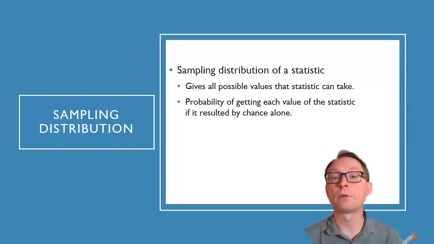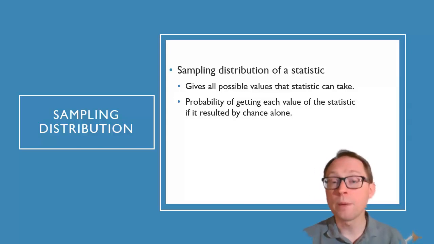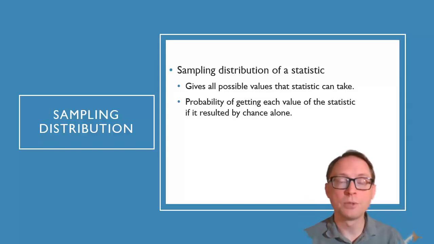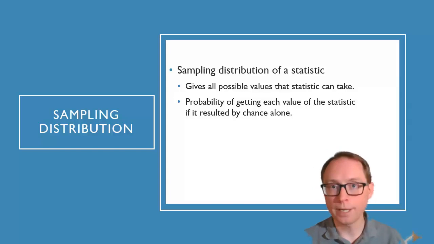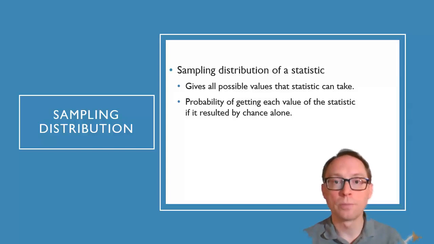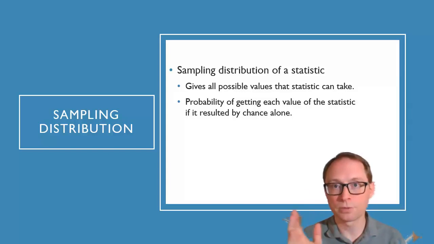So, for example, remember we've been talking about Ricky Martin in Menudo. If you remember, Ricky Martin has a higher average tenure in Menudo. He was in Menudo longer than the average. So our hypothesis might be that Ricky Martin was so talented that it caused him to be in Menudo longer, right? Okay, so hypothesis: talent made him stay longer in Menudo. The sampling distribution is all the possible values, right, that a statistic could take.